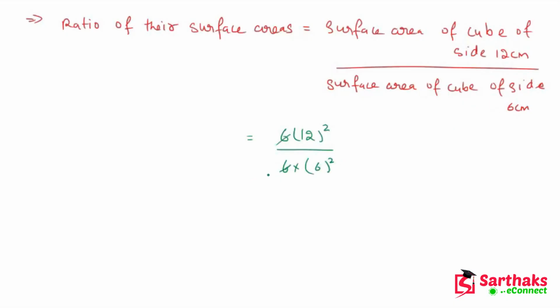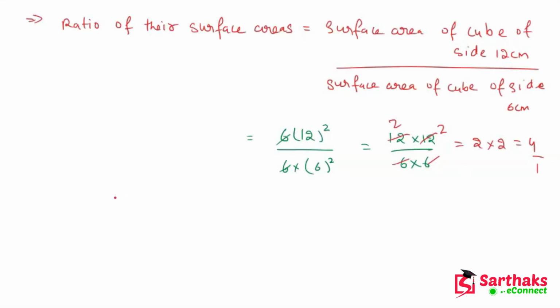This 6 and this 6 will be cancelled, so we get 12 into 12 divided by 6 into 6. Now this will be cancelled by 2 times. Similarly, this will be cancelled by 2 times. So we get 2 into 2, which equals 4 upon 1.